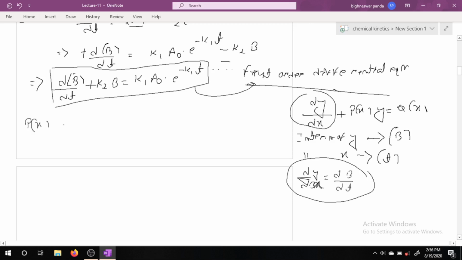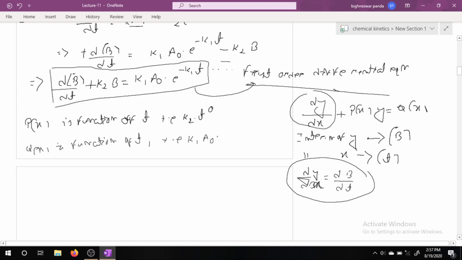P of x is a function of t, that is K1 into t to power 0. Sorry, it is K2. And Q of x is also a function of t.